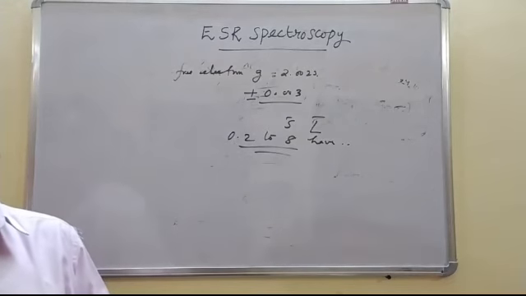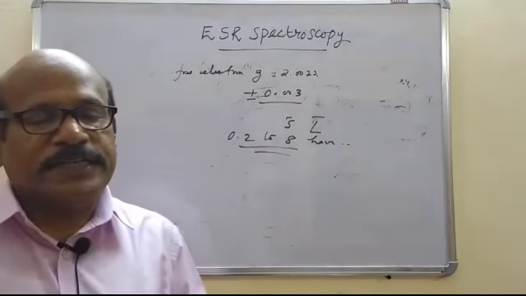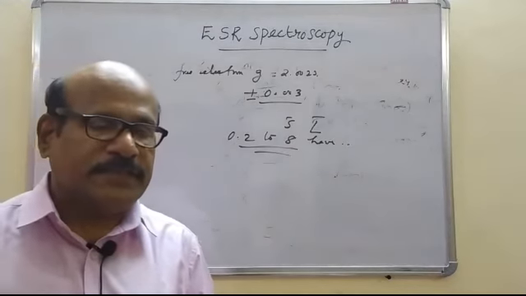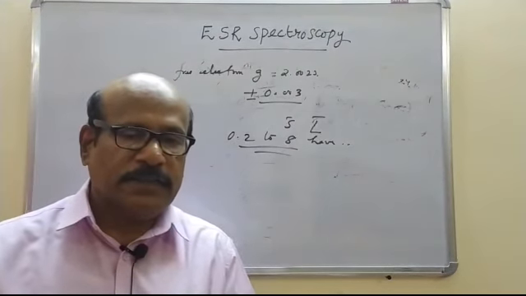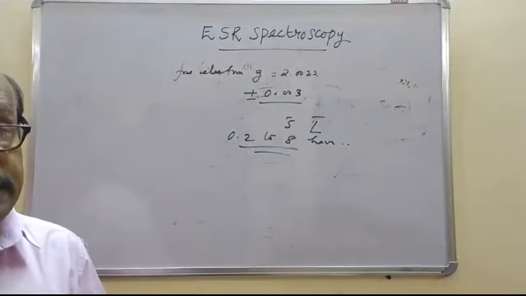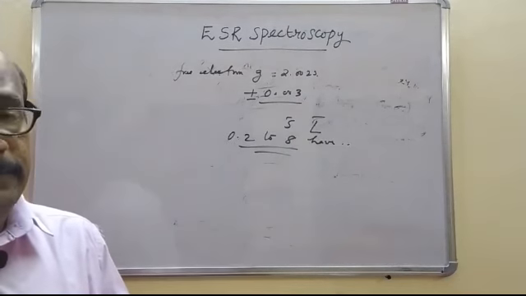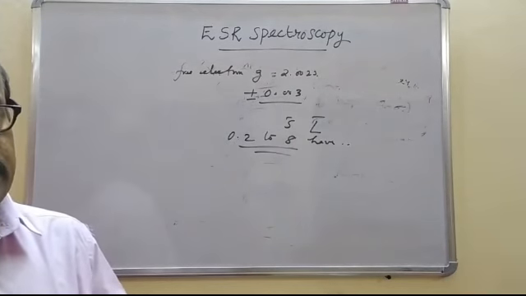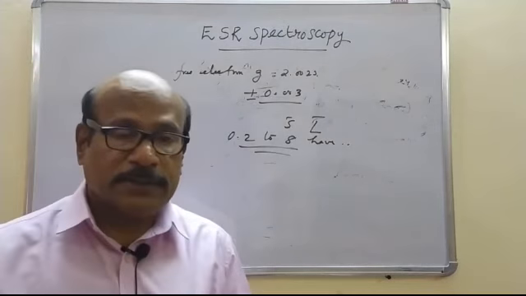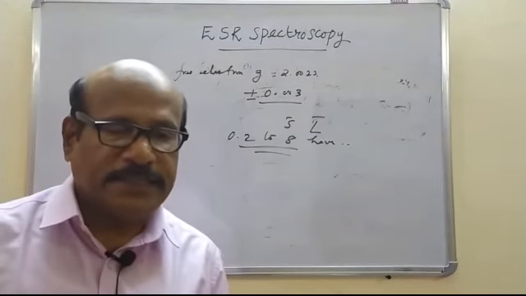So when the paramagnetic sample is irradiated with microwave radiation under the influence of the magnetic field, there is a transition of the molecular species from the lower spin level to the higher spin level, that is, a transition between the electronic spin levels by the absorption of energy from the microwave radiation.